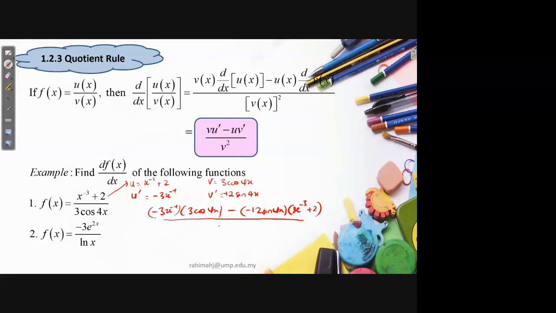What is v squared? It is 3 cosine 4x squared. You can simplify this using your basic mathematics skills. You can try the second example: let the numerator be u and the denominator be v, then define u prime and v prime and substitute into the formula. That's it.